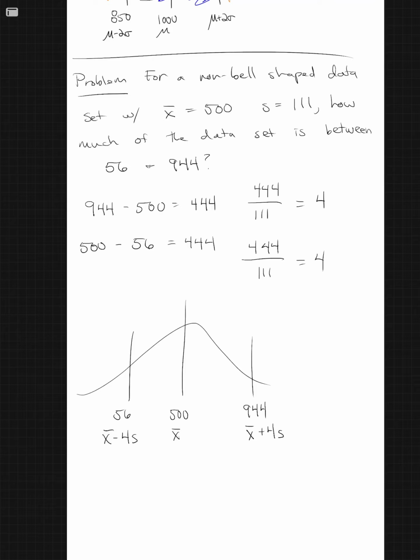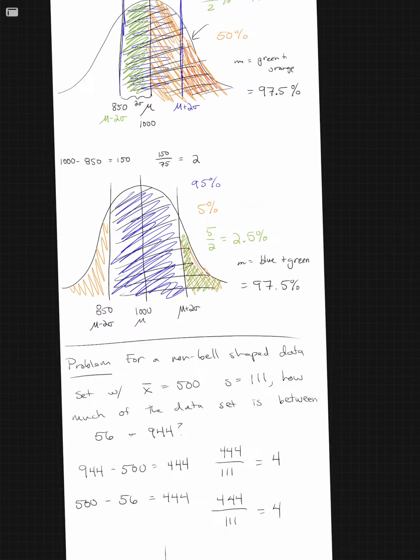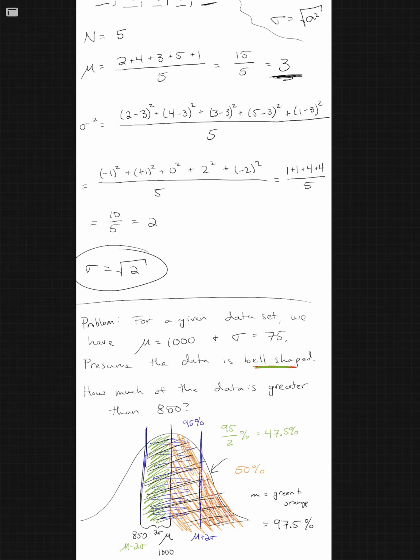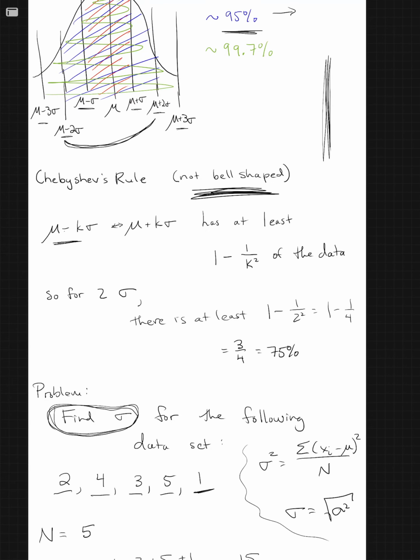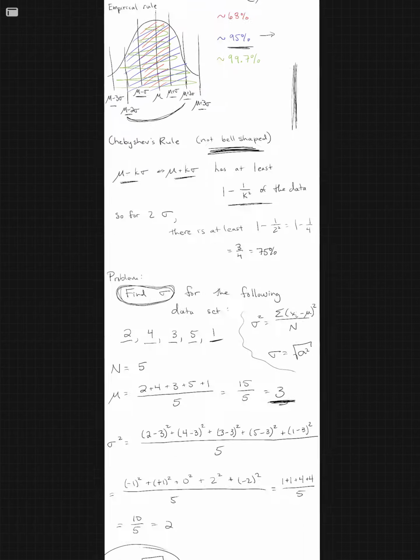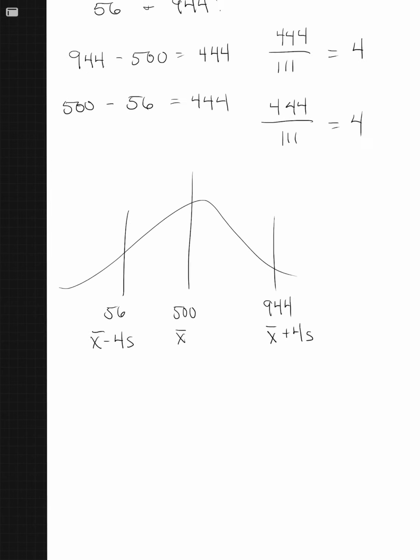And since we're dealing with non-bell-shaped data here, that means we have to look at Chebyshev's. Right? Chebyshev's says precisely that when you're within mu minus k sigma and mu plus k sigma, and this doesn't matter population or sample, if you're in between those two, then you're going to have 1 minus 1 over k squared of the data.